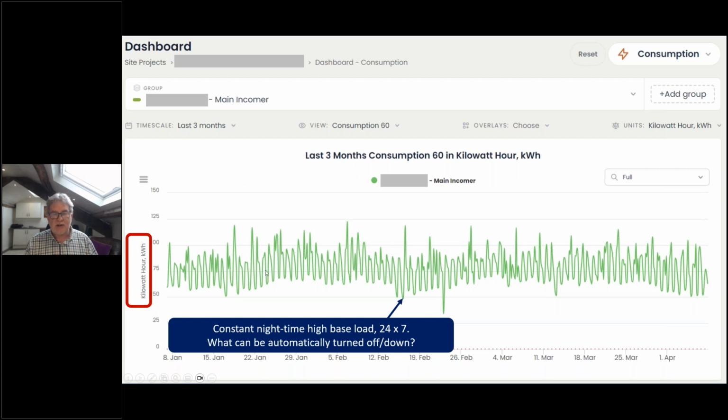Now, the immediate observation I would take from this is that the base load is quite high. You can see 24/7, it's 50 kilowatt hours, regardless of the time of day, at night, weekend, etc. And that's a lot for a site that's peaking at around 125. So one of the areas to look at, to maybe dive a bit deeper into: what's causing this base load? What can be controlled? What can bring it down?